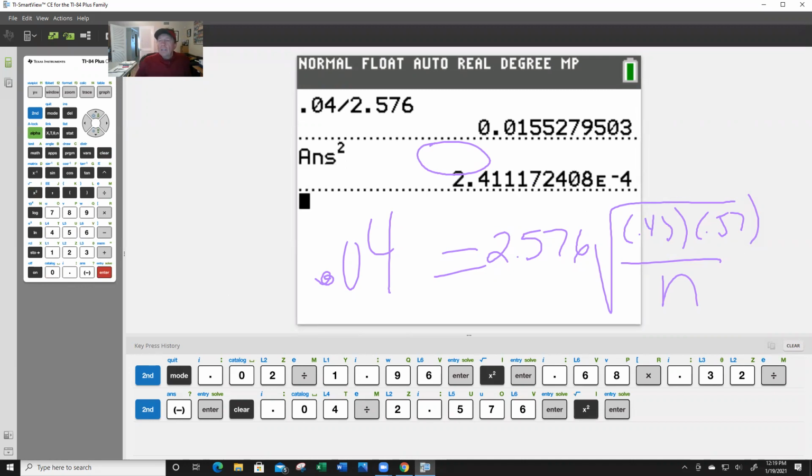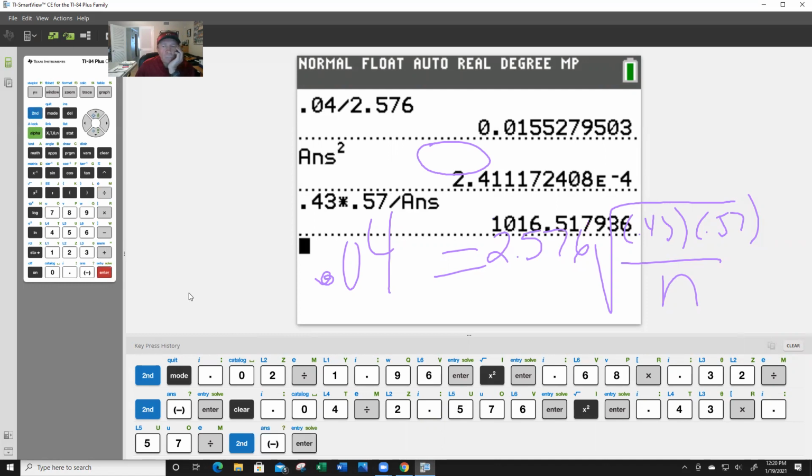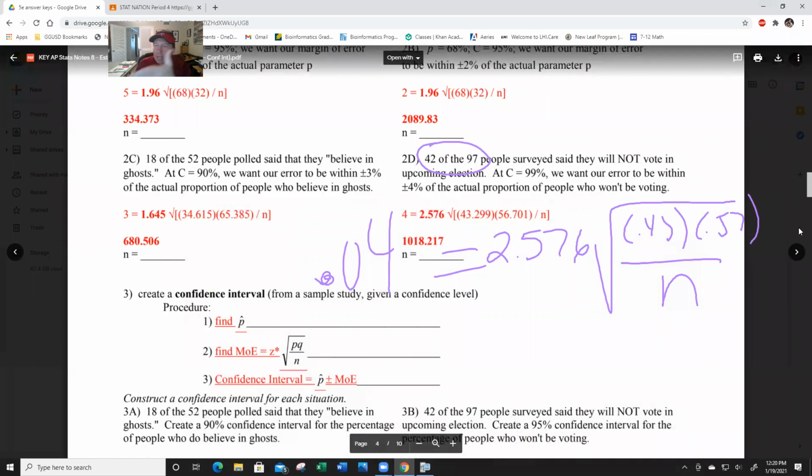So I'm gonna end up multiplying n to both sides, and then you end up going 0.43 times 0.57 divided by that second answer. And I get 1,017, which is a little bit less than this because I rounded that differently, but it's fine.